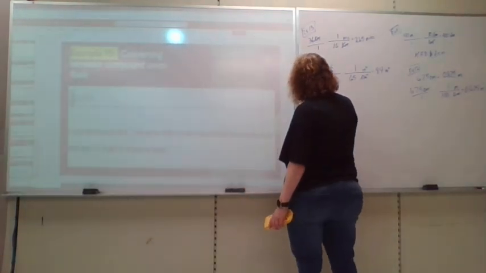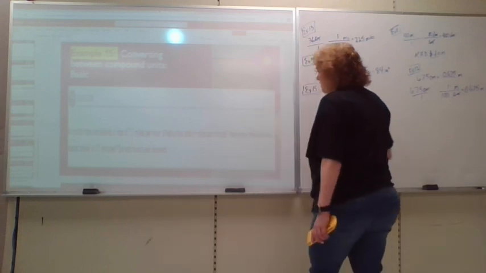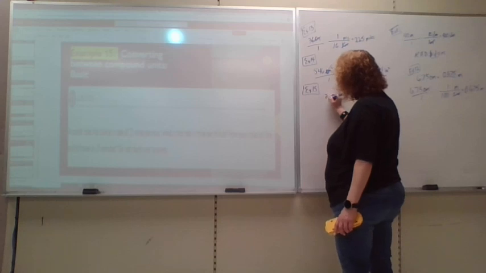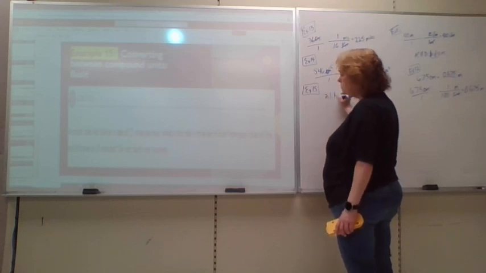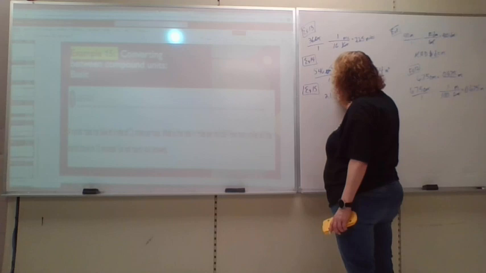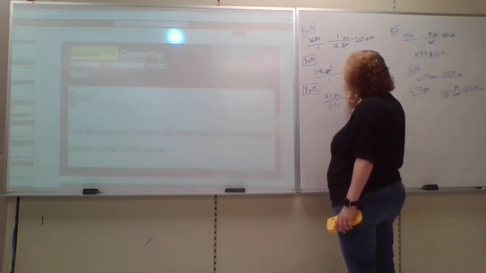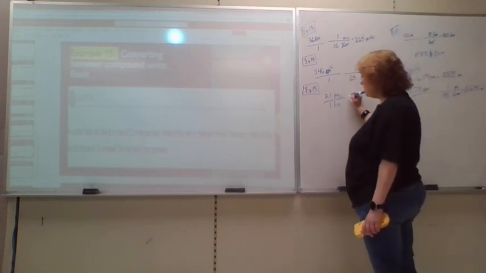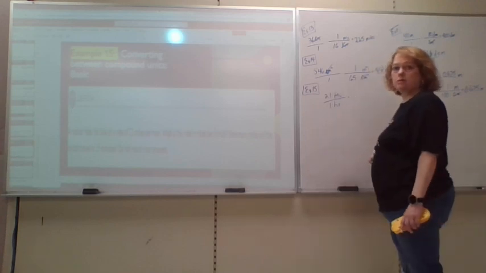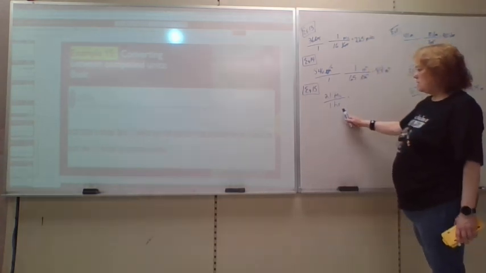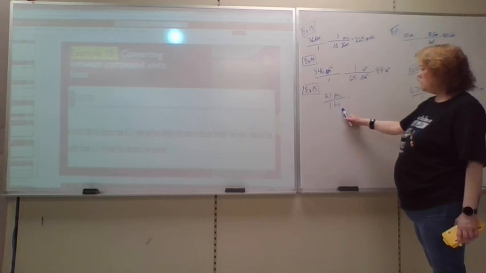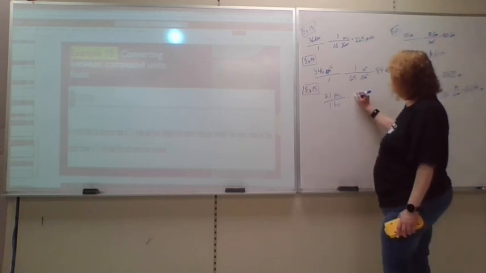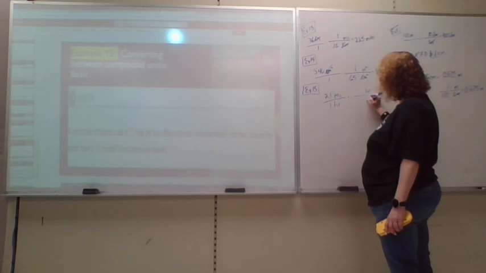Example 15. Let's answer the first one. This is 21 miles for 1 hour. What is the rate per minute? We're going to leave the miles on top, and this time we want hours on top and minutes on the bottom. So hour here and minute here.